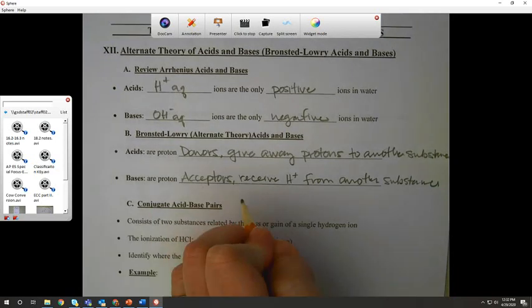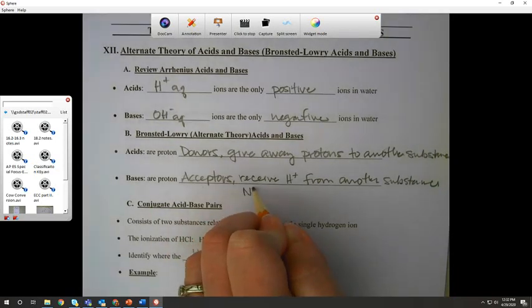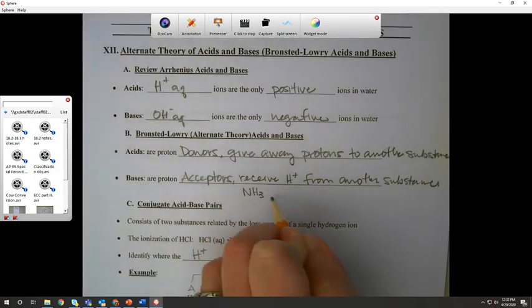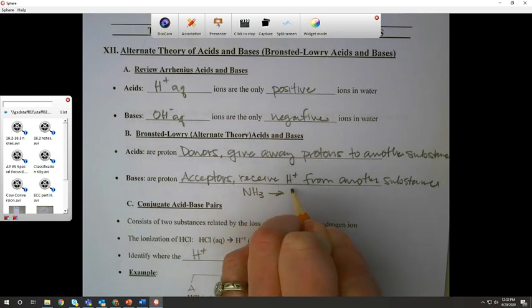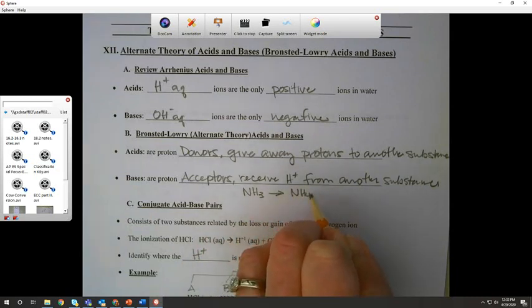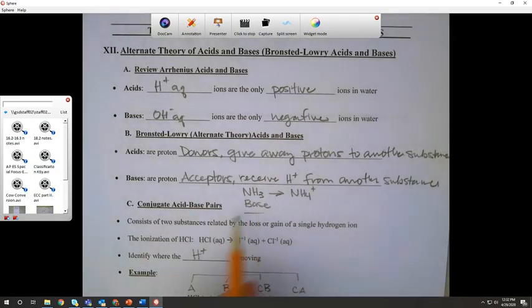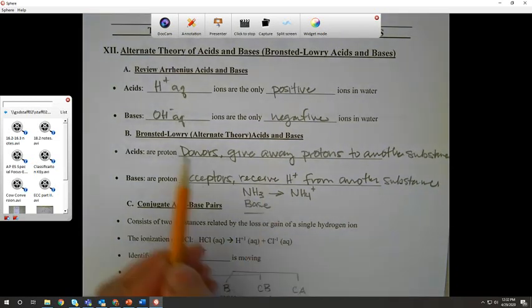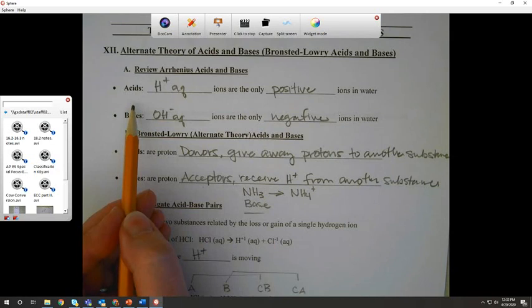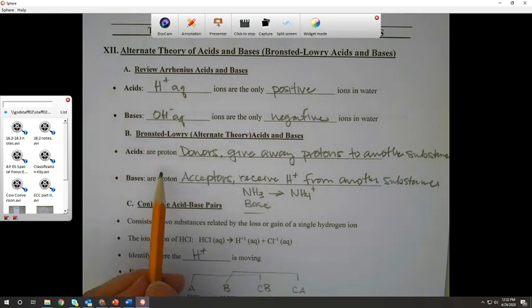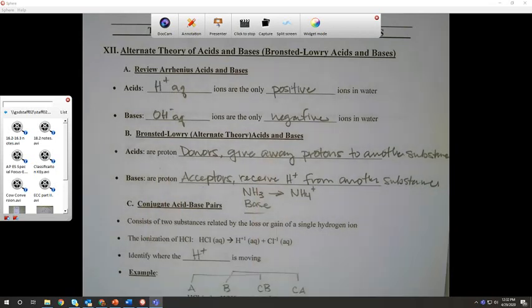And the reason this is important is because NH3 accepts a hydrogen to make NH4, and this is a base. But it doesn't look like a base because it doesn't have hydroxide in it. And so this is one that doesn't fit in this definition, but does fit in our Bronsted-Lowry. So this one we just talked about proton donors and proton acceptors.